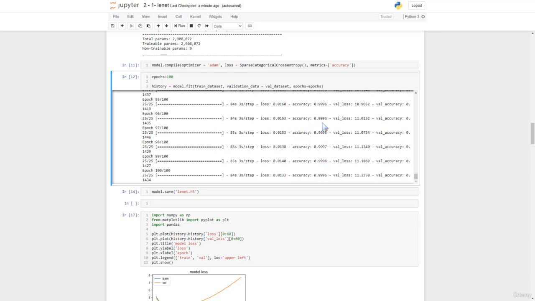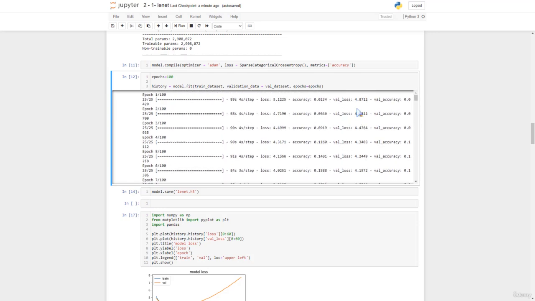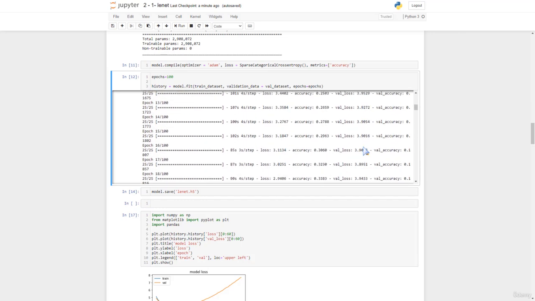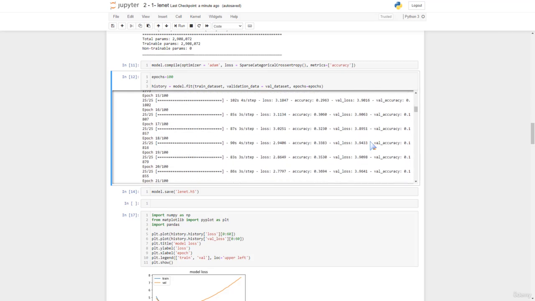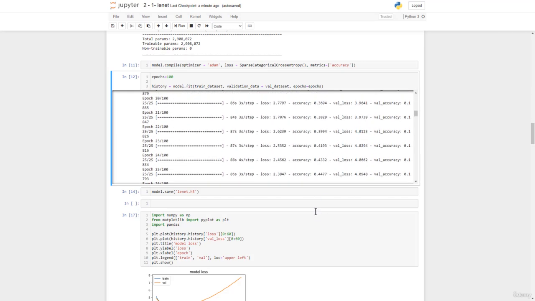But looking at the validation, it's clear that our model is overfitting because our validation loss is instead increasing and its accuracy is dropping. So we have right from here, if we step back, we saw that the validation loss decreases, and up to a certain point, it starts increasing, which is not good for our model.